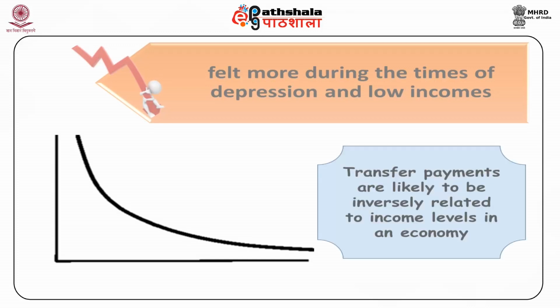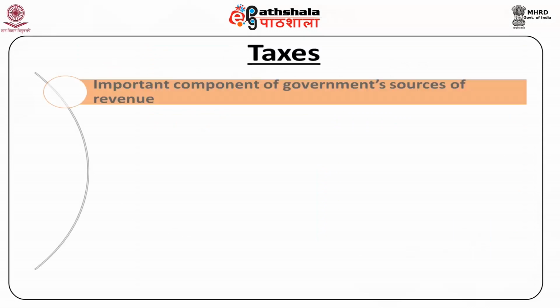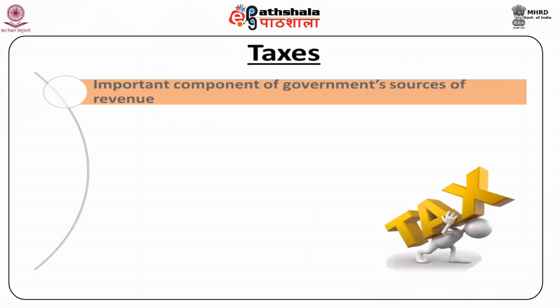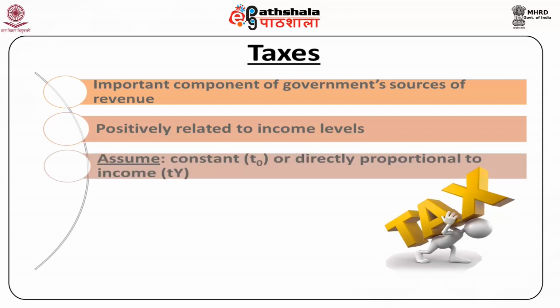Hence, the transfer payments are likely to be inversely related to income levels in an economy. Taxes T bar are an important component of government sources of revenue. These are likely to be positively related to income levels. Taxes may be assumed as constant T naught or directly proportional to income Ty.